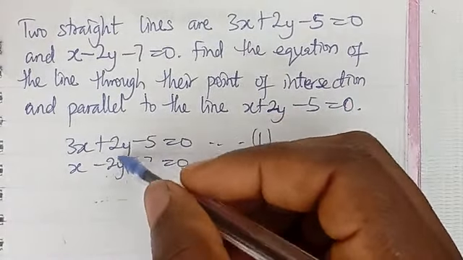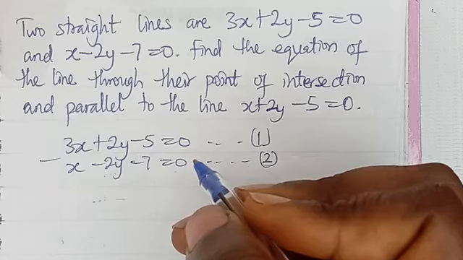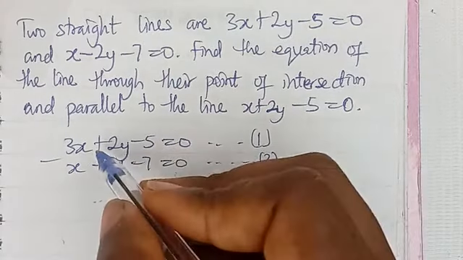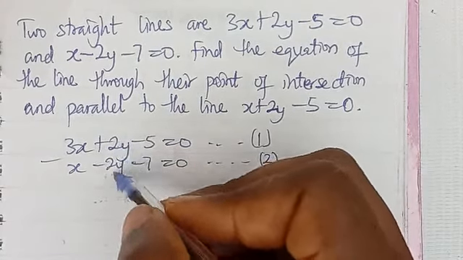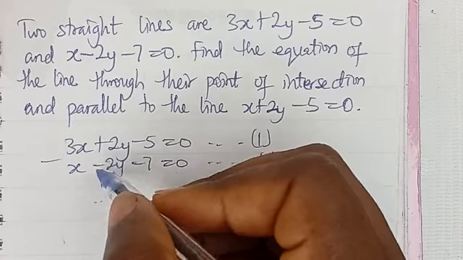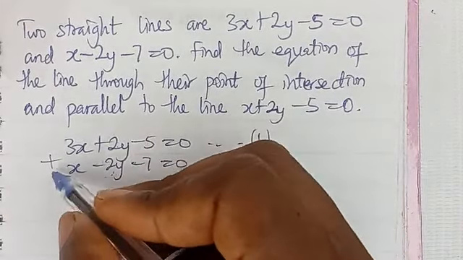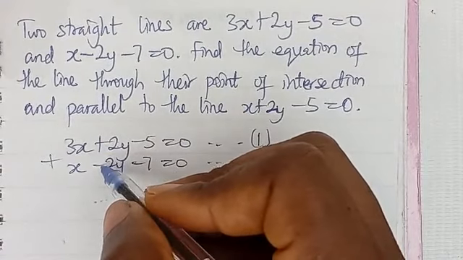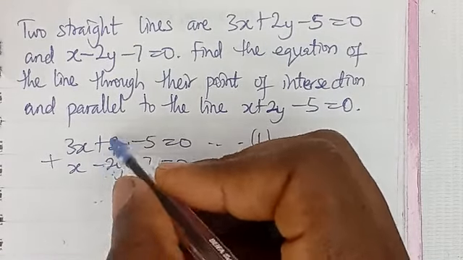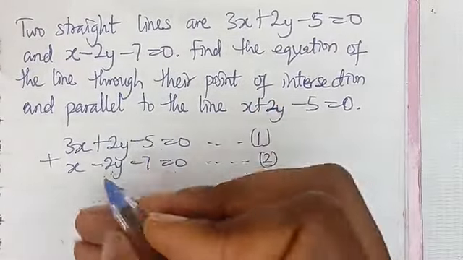Since the coefficients of y have opposite signs, we have to add, so that plus 2y and minus 2y becomes 0. So we can eliminate y.